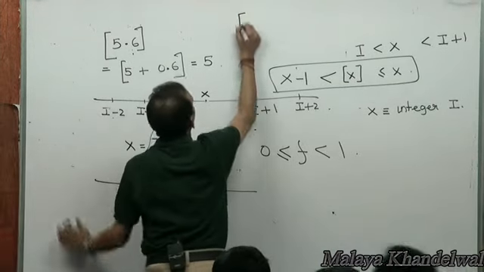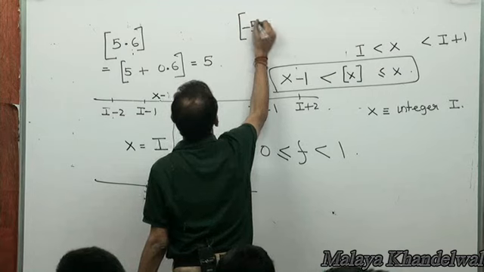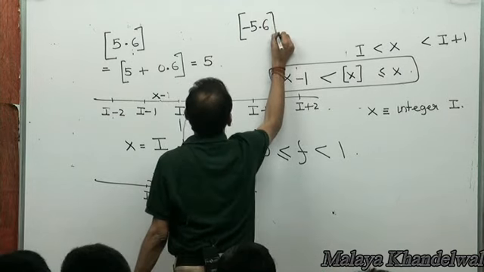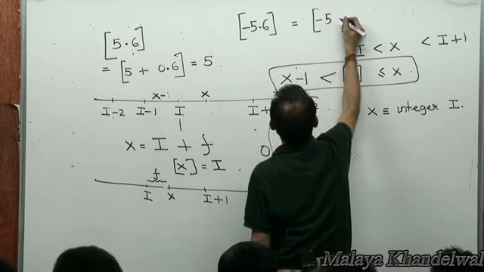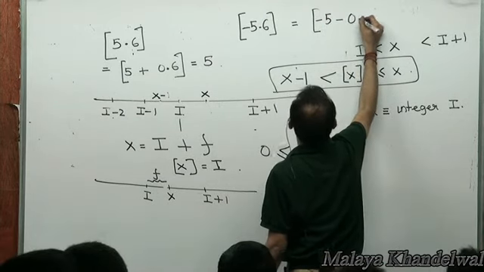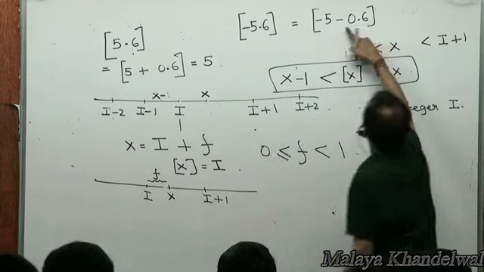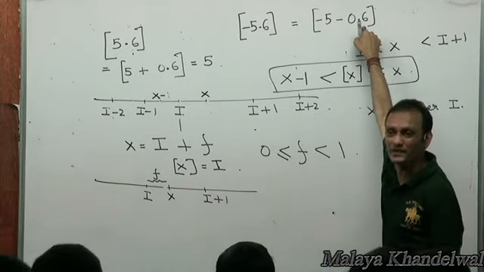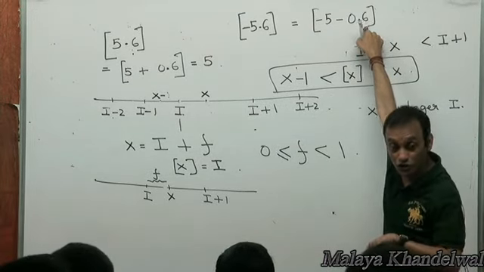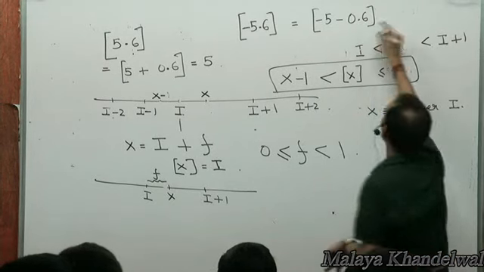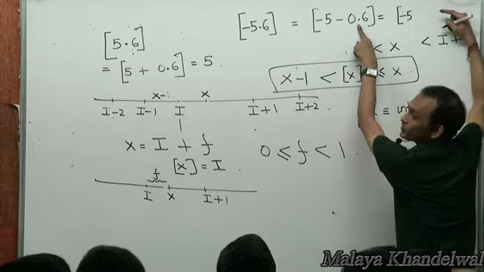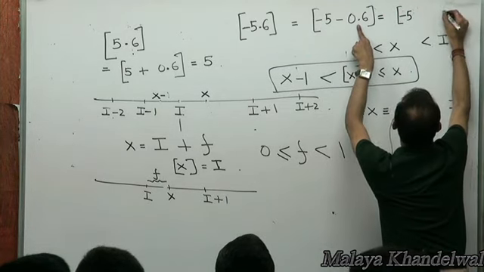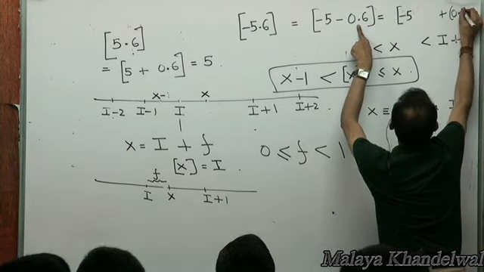Suppose I had minus 5.6. Then this can be written as, look, the trap in which you could fall is minus 5 plus minus 0.6. Now, minus 0.6 is not a number lying between 0 and 1. So, you would have to cause it to lie between 0 and 1, right? So, this is minus 5. What you do is add 1 to this. If you add 1 to this, this will become plus 0.4, right?